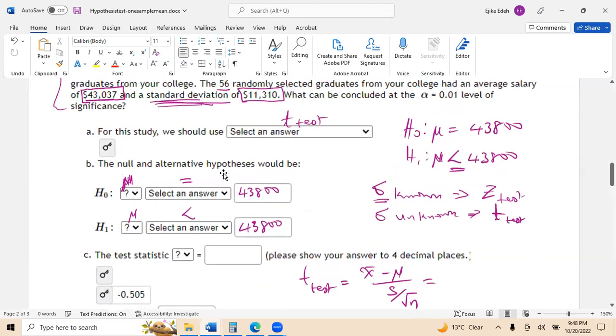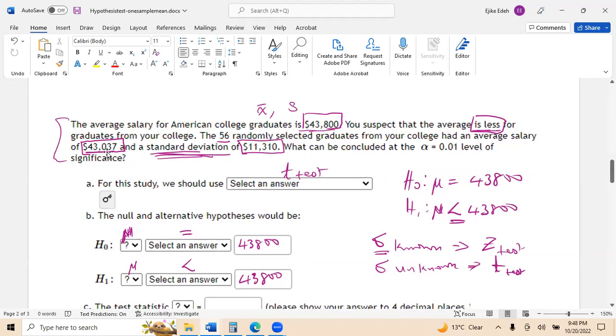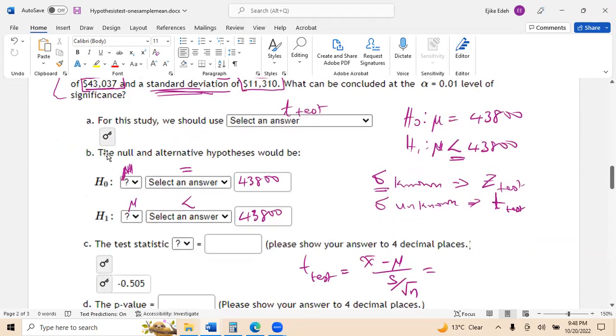So we pick up the sample mean, 43,037, minus the population mean, 43,800, divided by the sample standard deviation, 11,310, all over the square root of the sample size.